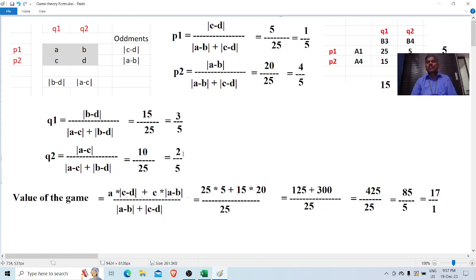If there is no saddle point, the game is following mixed strategy, then we will try to reduce the payoff matrix using the dominance principle. In both the problems discussed, just by comparing the rows, we have eliminated some strategies. Just by comparing the columns, we have eliminated some other strategies of player B.